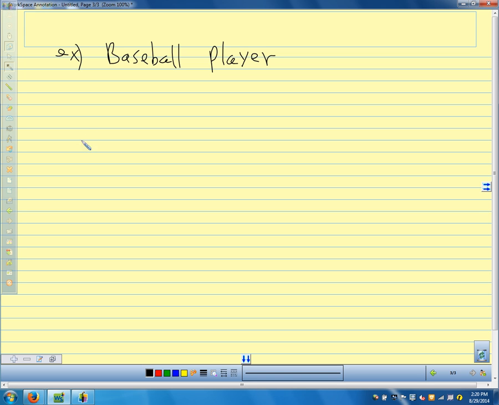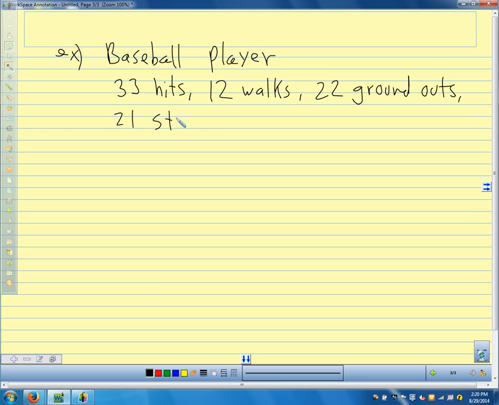A baseball player has 33 hits, 12 walks, 22 ground outs, 21 strikeouts, and 27 flyouts.